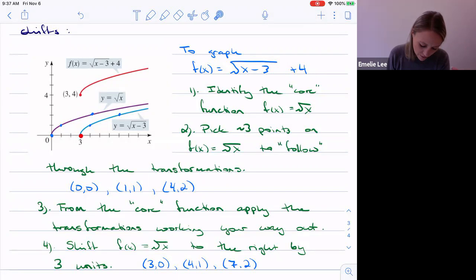So 3, 0 becomes 3, 4, right? 4, 1 becomes 8, 1. Or sorry, 4, 5. And 7, 2 becomes 7, 6. Okay.